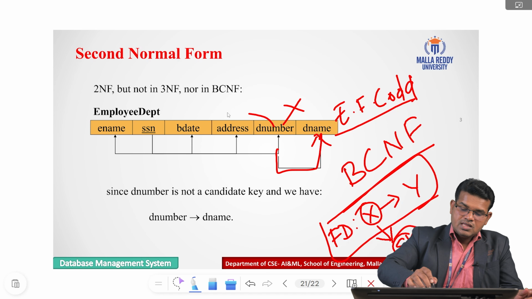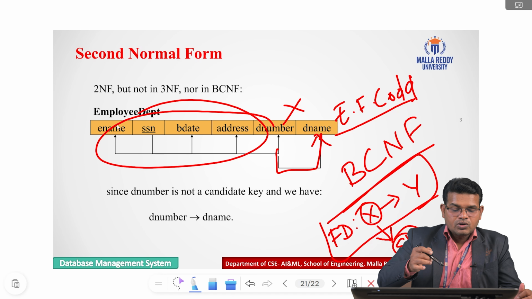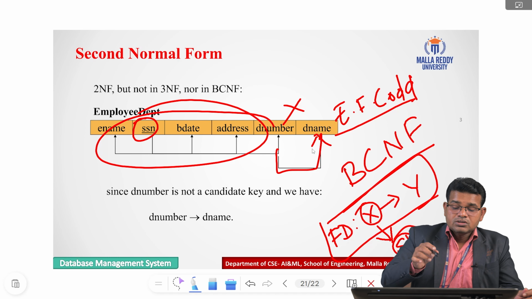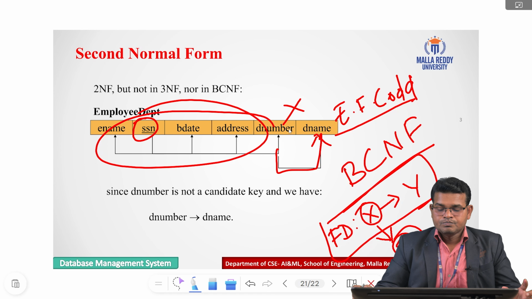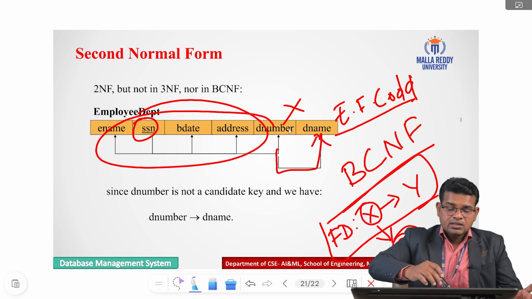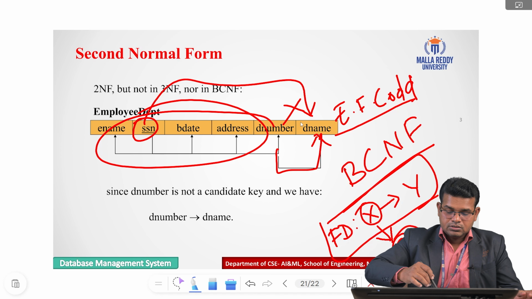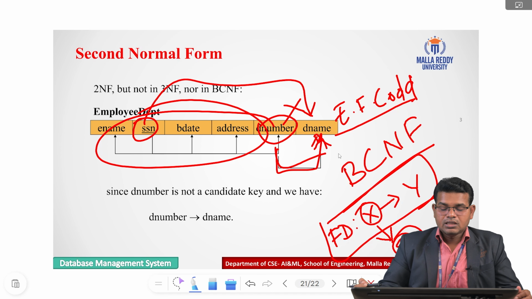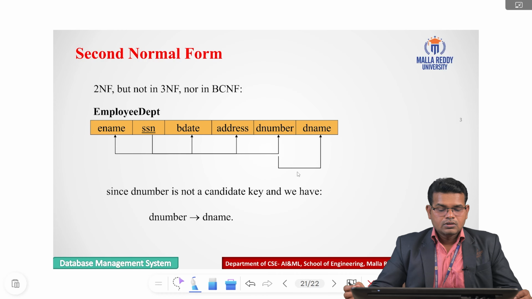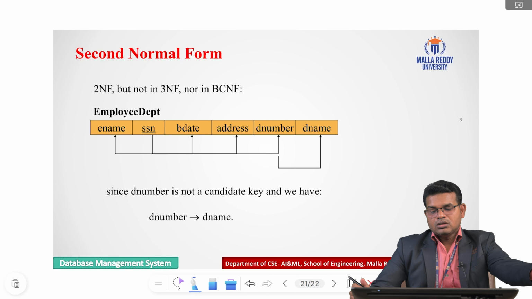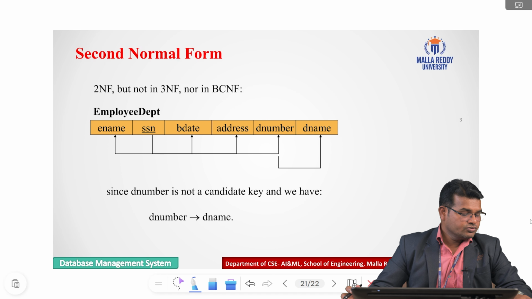In this example, SSN is the key attribute determining all other attributes, so SSN up to D number we can keep in one table, and department number determining department name we can keep in another table. These two decomposed tables will give you BCNF. Hence, all normal forms up to BCNF are achieved.